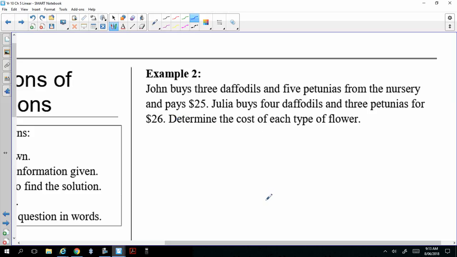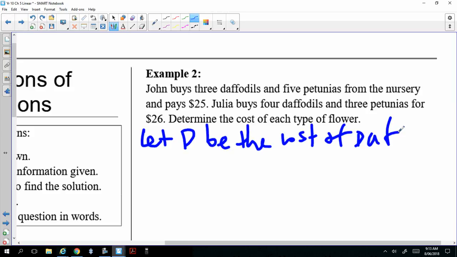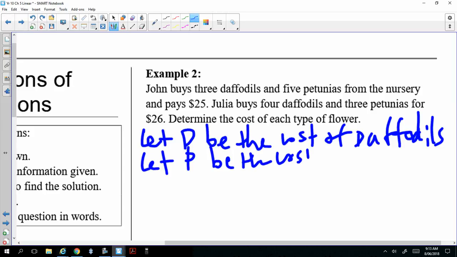So we're going to let D be the cost of daffodils, and let P be the cost of 1 petunias. And you set up 2 equations.